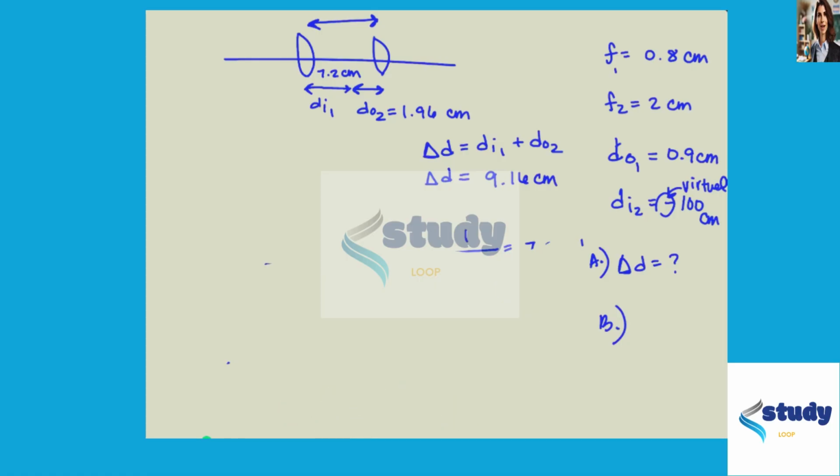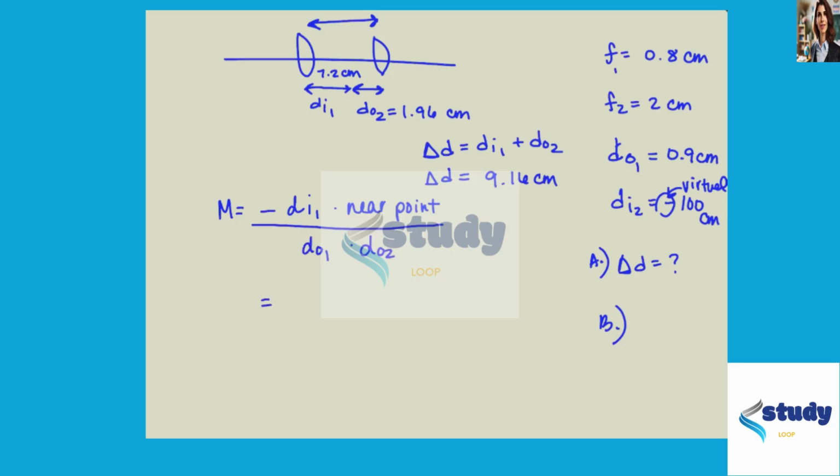For that, we're going to need the image distance for the first lens times the image distance of the second lens, but in this case, instead, we're going to be using the near point of the eye, and then divided by the object distance for the first lens and the object distance for the second lens.